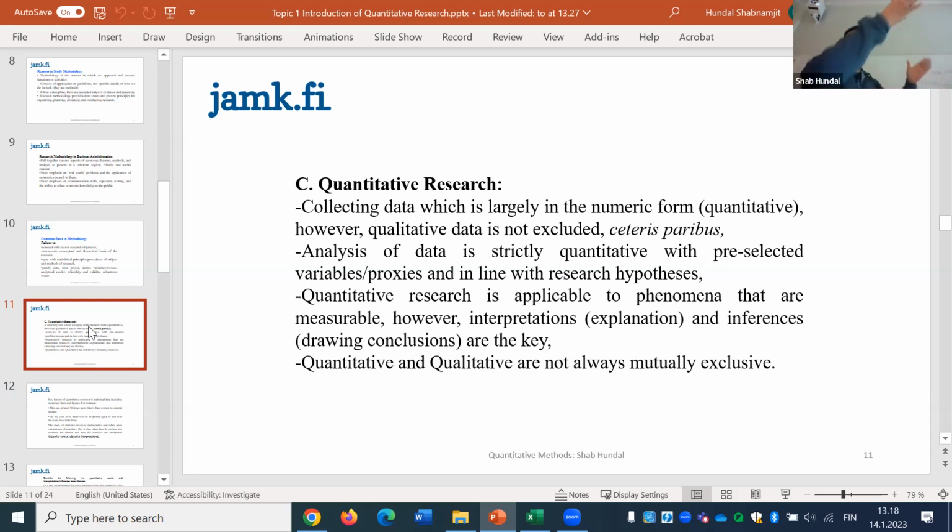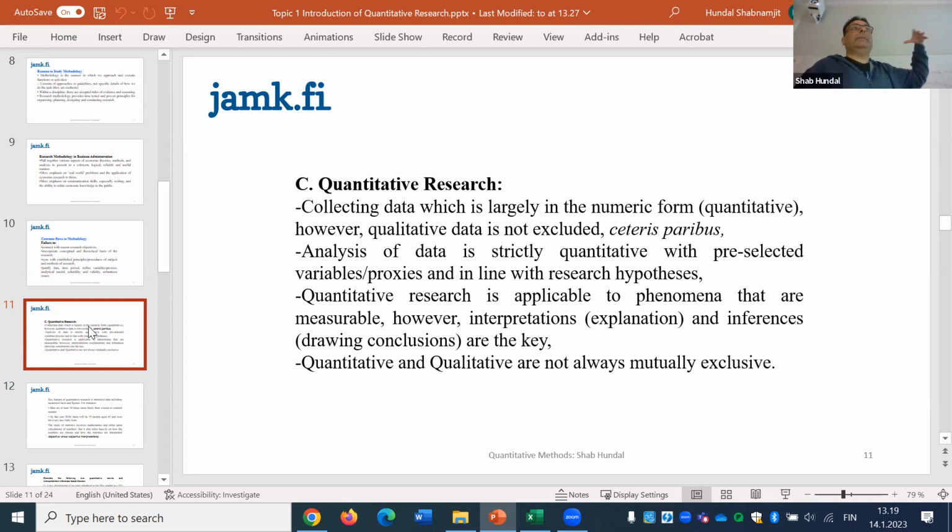We have some empirical results from the past, we have some theories, and then we start collecting the data and we want to prove whether our findings are in conformity with the theory or not. So we already have a structure. And then we collect the data. Where does the structure come from? The structure comes from the previous researchers.